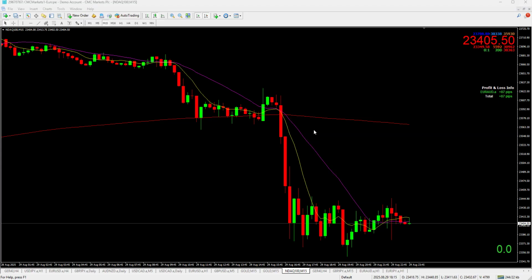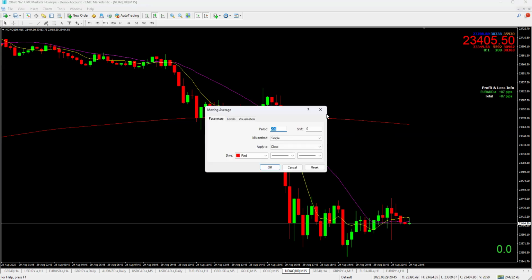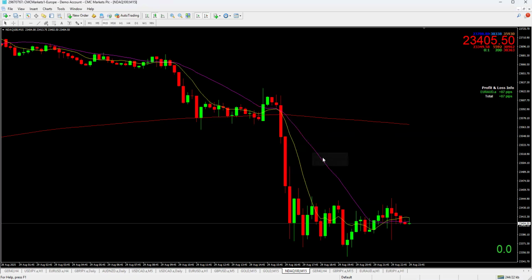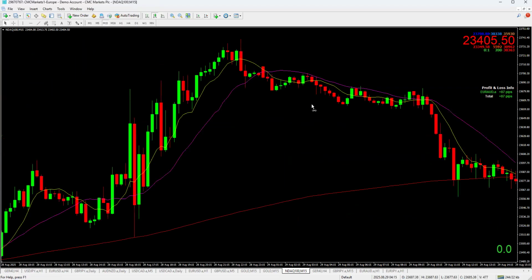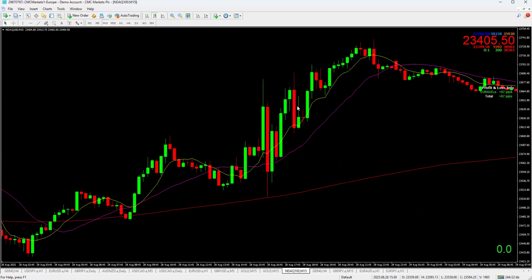As we were saying a while ago on the Telegram, the red is the 200 SMA, the purple is the 20, and this is the 10. These are the ones I have chosen. I have used various moving averages in my own time, but really a lot of them do work. You just want a crossover, for the moving averages to cross over to give you an idea of where the price is going.